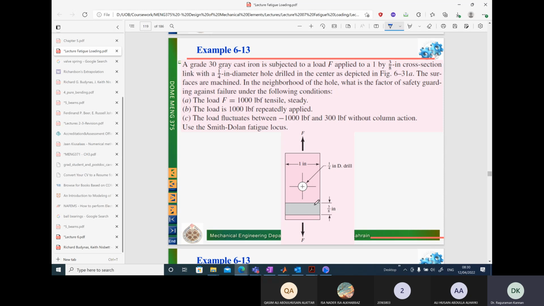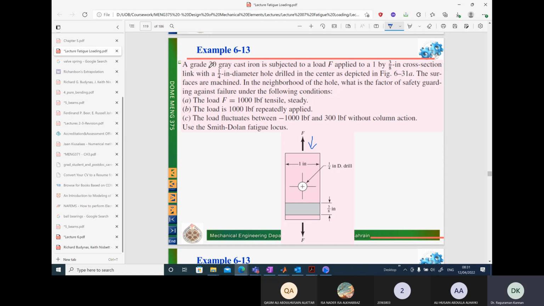Remember, this is the cross section, shown on top of it. If you look at the cross section from this point of view, you will see this rectangle. The cross section dimensions are given, with a 1/4 inch diameter hole drilled here in the center.